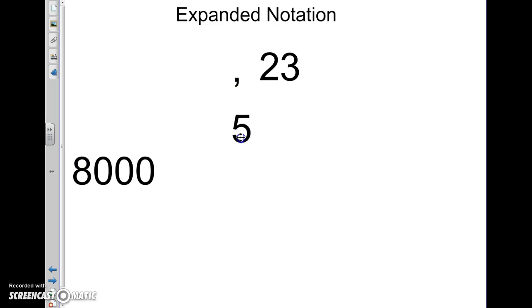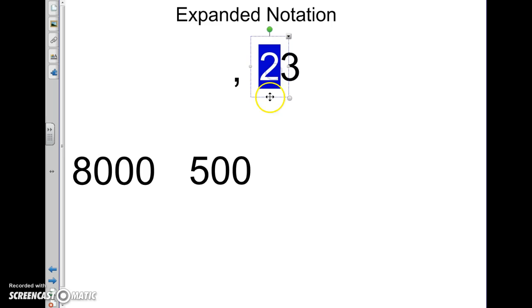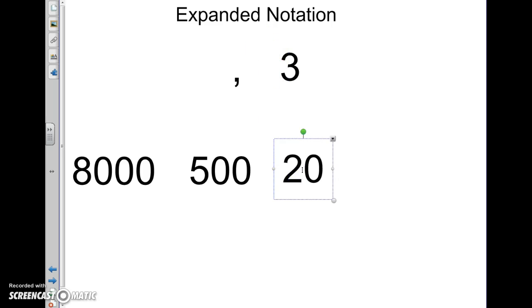And this 5 is not really a 5, right? Because it's in the hundreds place. So what is the value of this? It's 500. The 2 is in the tens place, so 2 tens makes 20. And 3 in the ones place gives us 3.